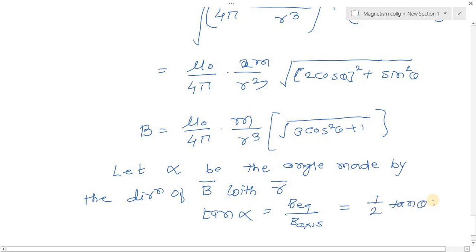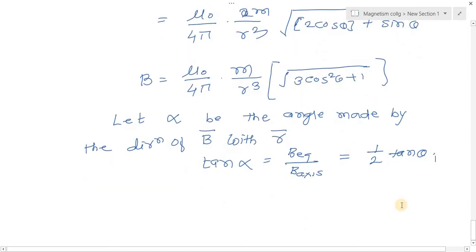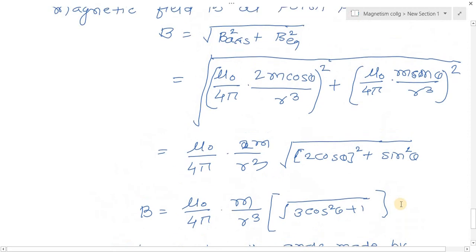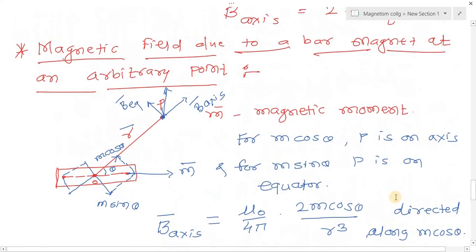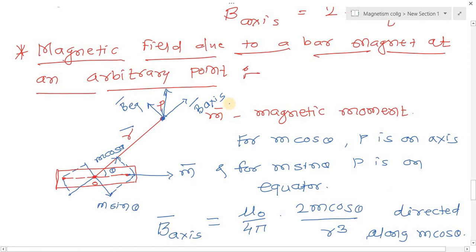So this is the formula for tan alpha, which is the angle here in the diagram. It is the angle between B bar and R bar. So here that angle is alpha. This is the alpha. So tan alpha is equal to 1 upon 2 into tan theta. And here the angle between the direction of B bar and M bar is theta plus alpha.